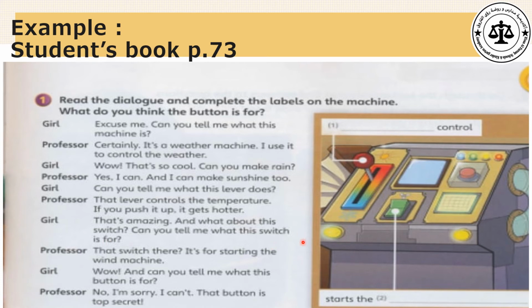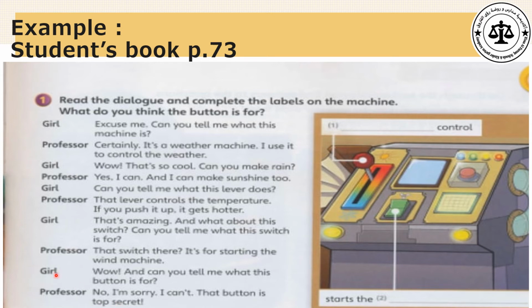The professor: That switch there? It's for starting the wind machine. The girl: Oh, and can you tell me what this button is for? Professor: No, I'm sorry, I can't. That button is top secret.